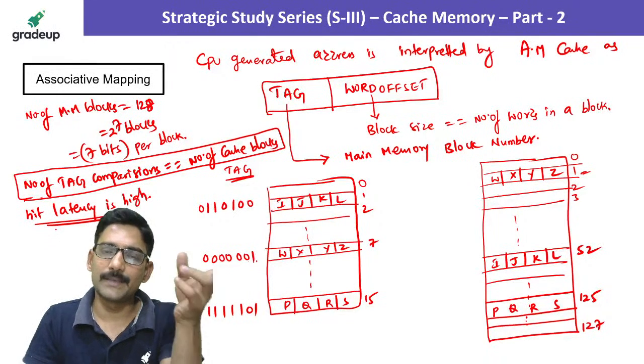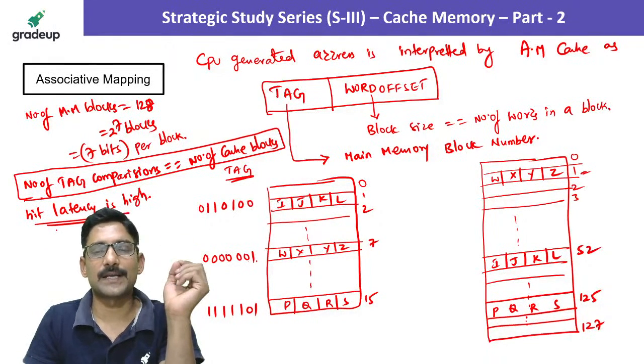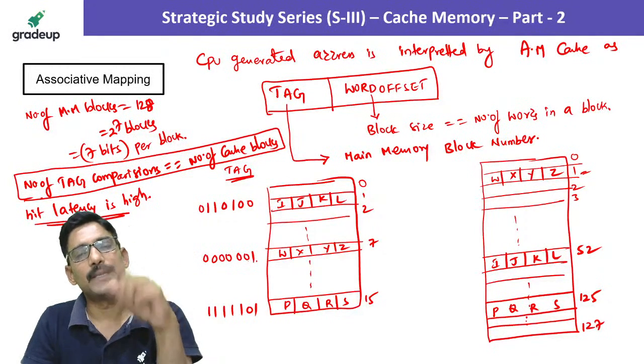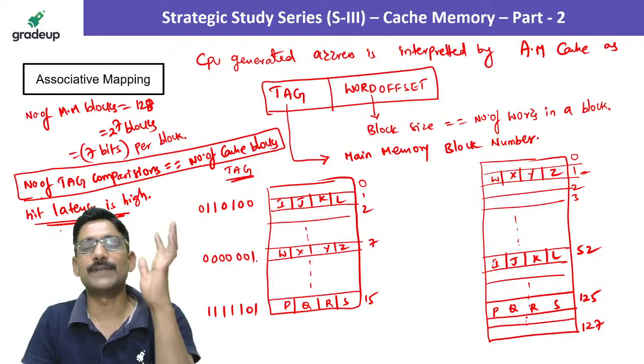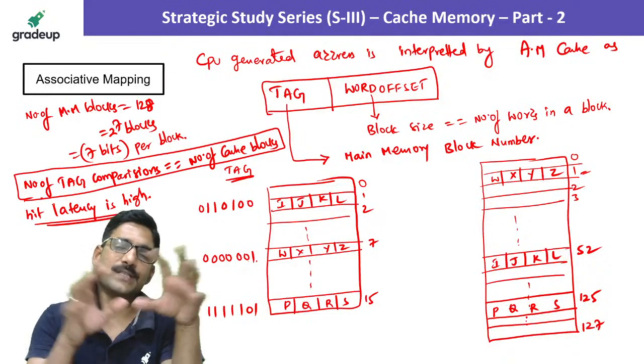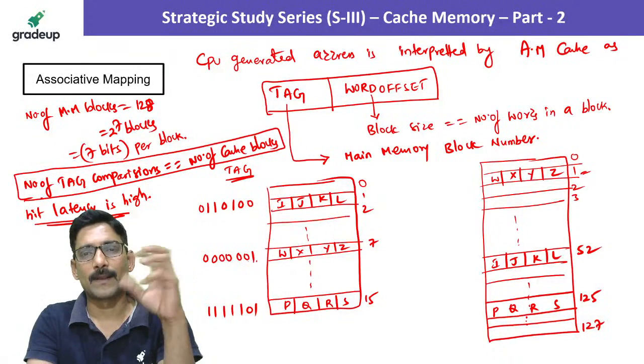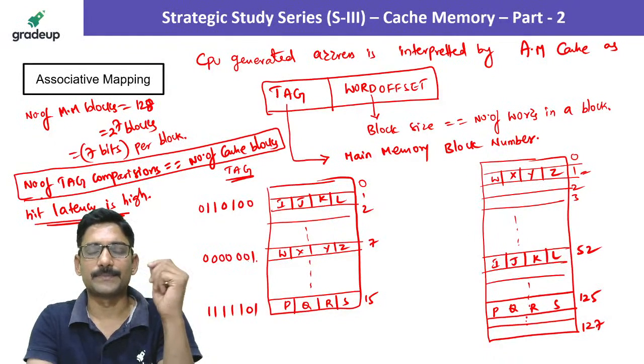So with the DM, conflict misses are high, hit latency is less. With AM, hit latency is high, conflict misses are 0. So each has this contradictory pro and con, right? Reciprocal.